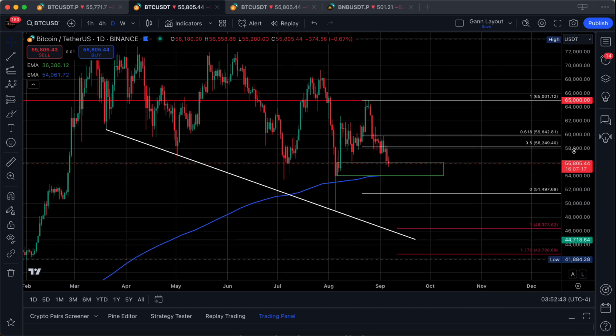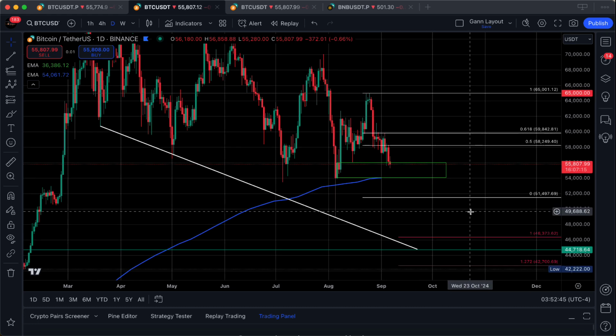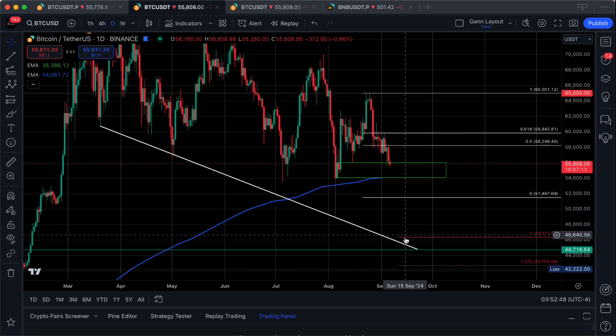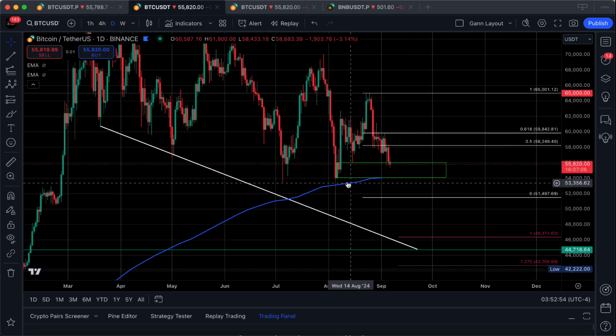It is a scenario that I don't want to contemplate because it really is a doomsday scenario and there is no point in getting into this right now, okay? So all eyes on this demand zone.